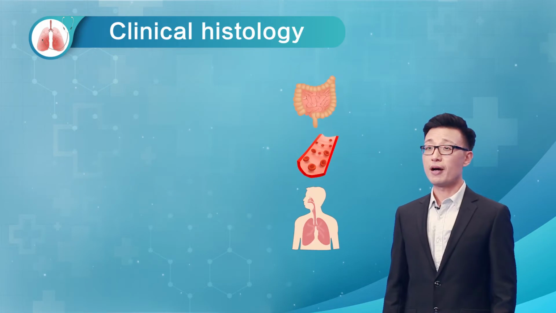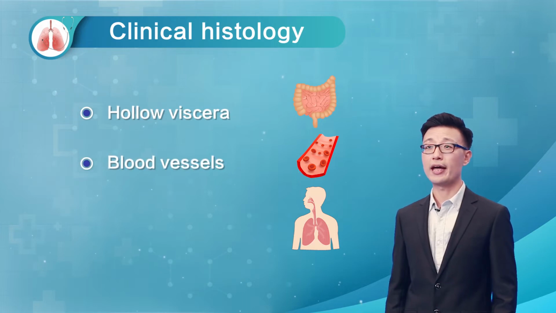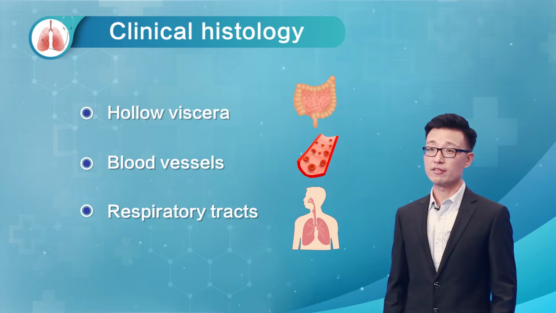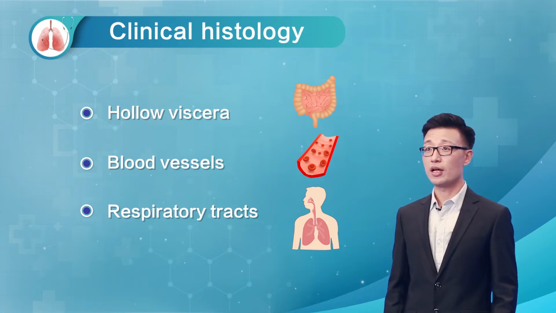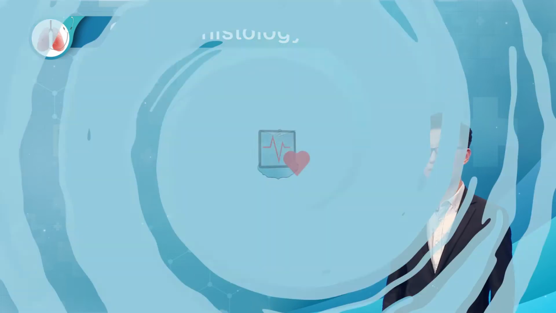Smooth muscle is found throughout the body, such as the walls of hollow viscera, blood vessels, and respiratory tracts. Without normal activities of smooth muscles, the organs and systems in our body would not be able to maintain even their most basic functions.